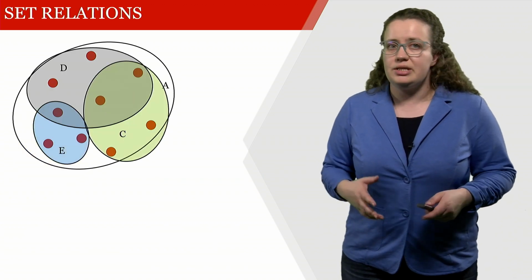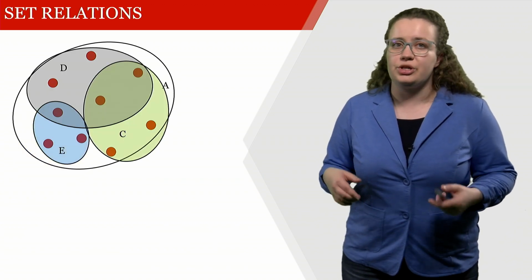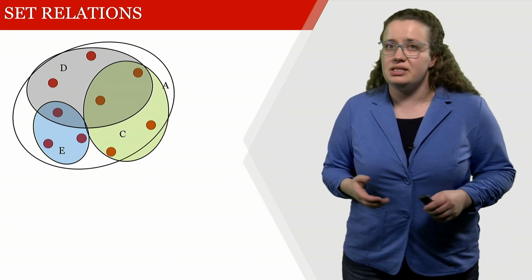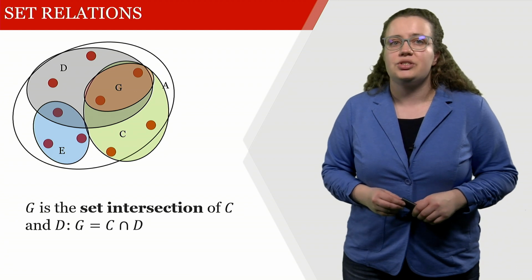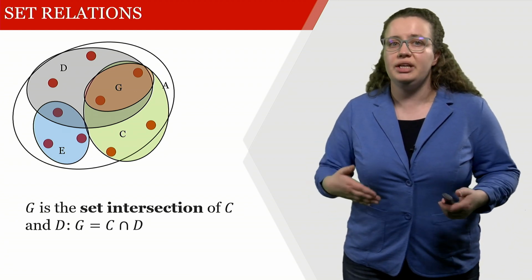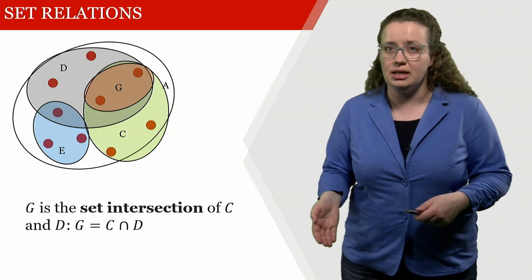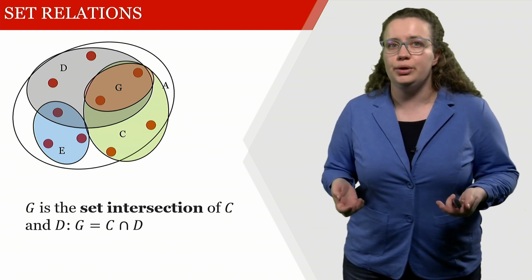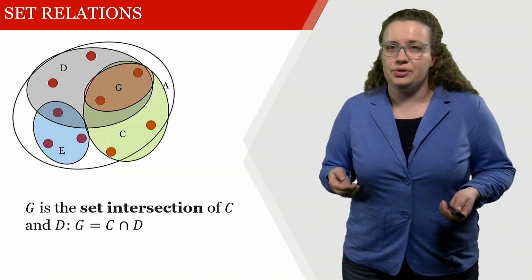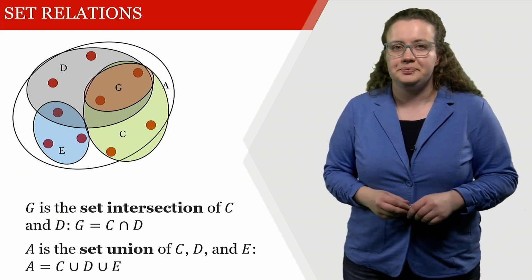So now let's look at some of the sets that we saw before. So we have C, we have D, and we have E. And one thing that we see is that C and D actually overlap. So we have an intersection, which we now denote by G. G is the set intersection of C and D. So G refers to all nodes that are both in C and in D. Only being in one of the two sets is not sufficient.